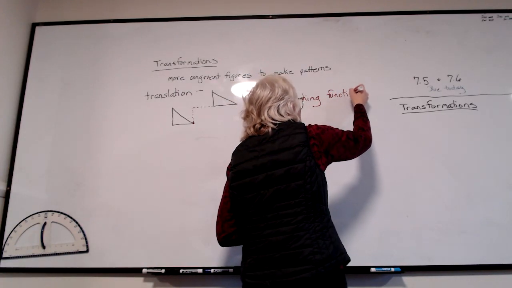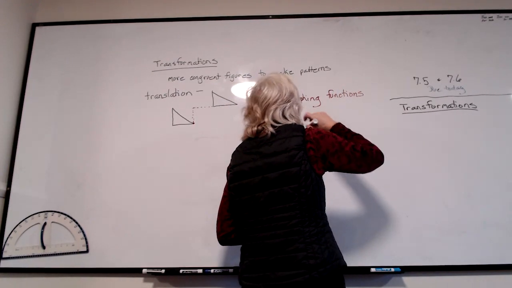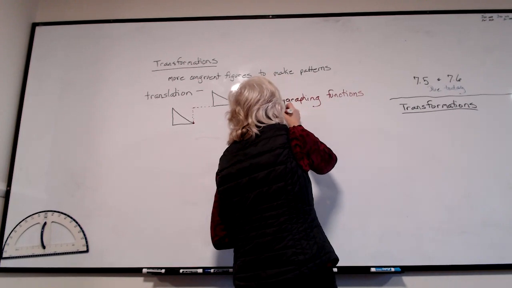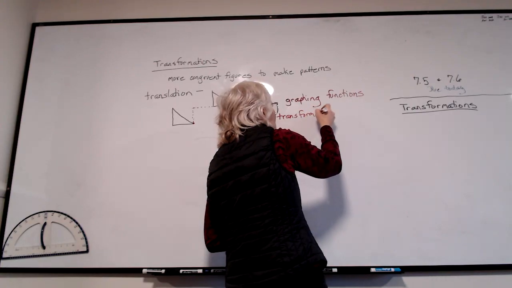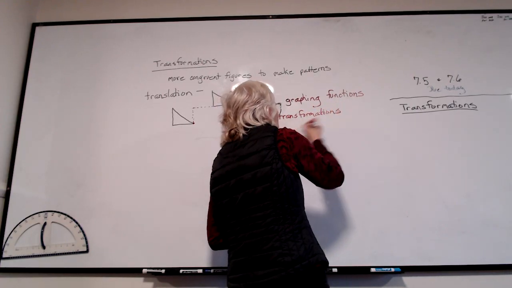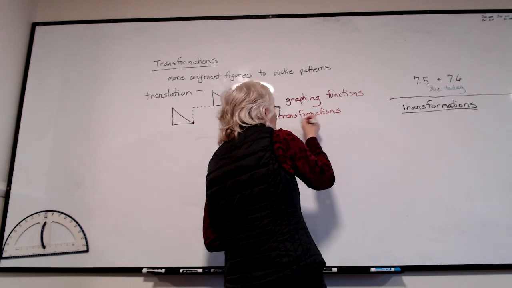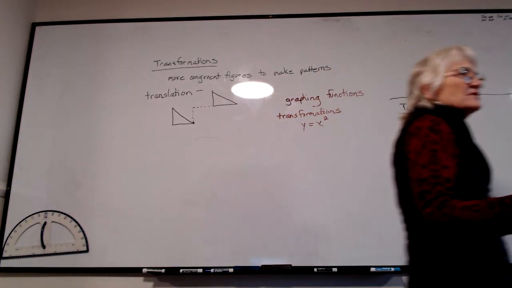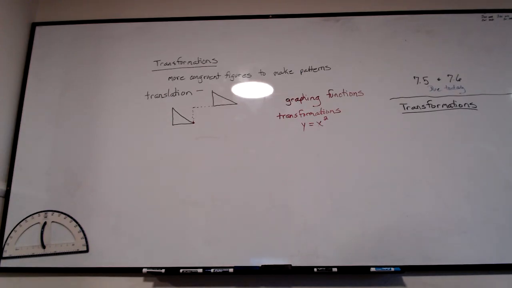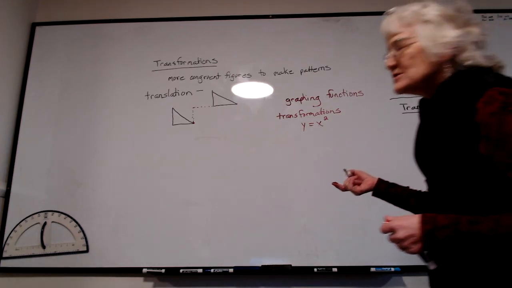We can use transformations, so if I have y equals x squared, that's a basic function. We can translate that. We can flip it by reflecting it. So we can do a lot of things with transformations on graphing functions.